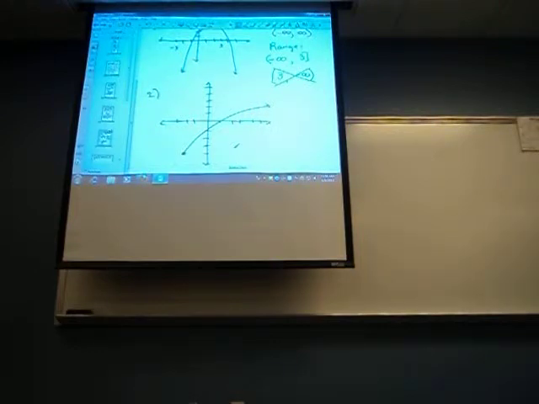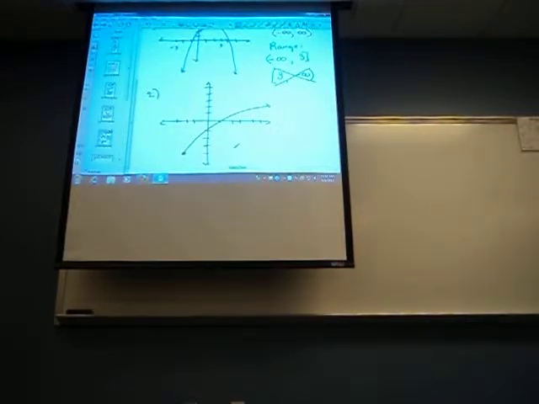The first one would be -3. What's the range going to be then? The domain is always the x value. If you say x, then you're talking about domain.